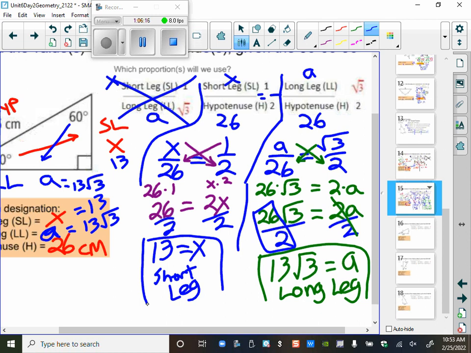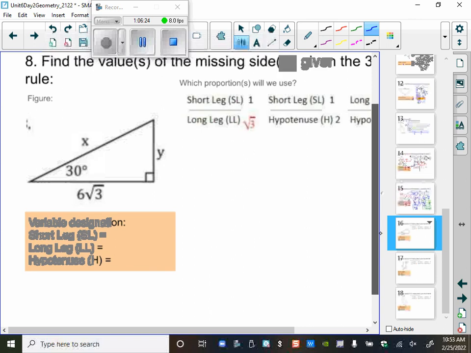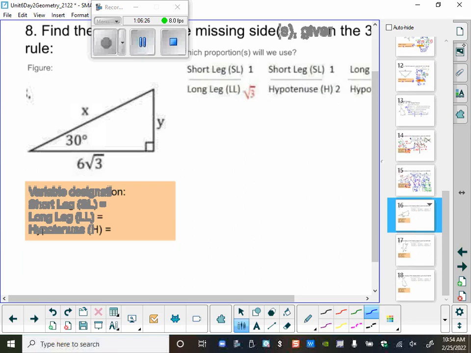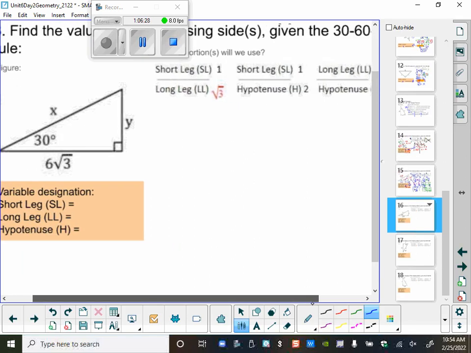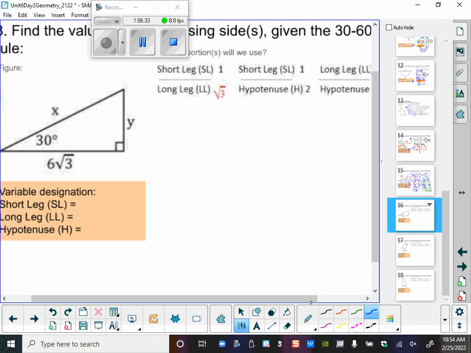All right. See what we have going on for the next one. Let's figure out who's what. What I see is that the hypotenuse is X. That's a good start. Then our short leg would be Y. Very good.